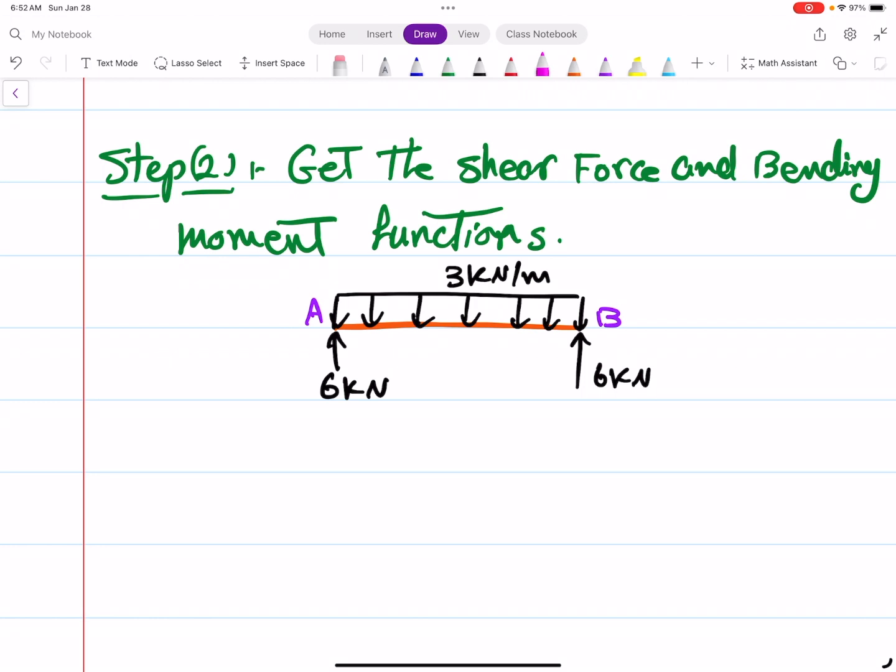We can do the cut anywhere in the beam, so let's see if we did here, and then the left side would look like this. This is point E, and this is the force, 6 kilonewton, and this is a distributed load.